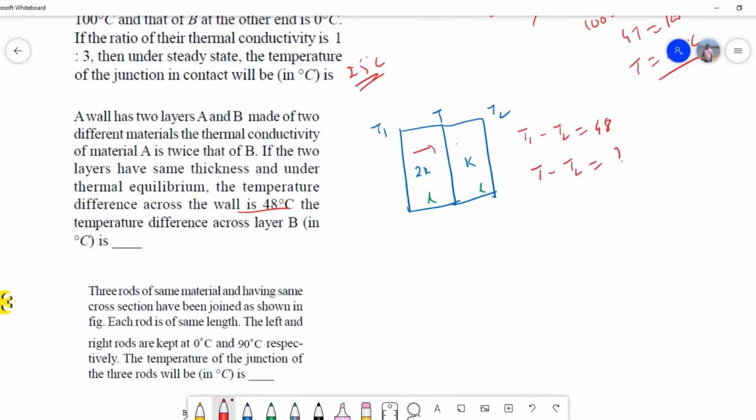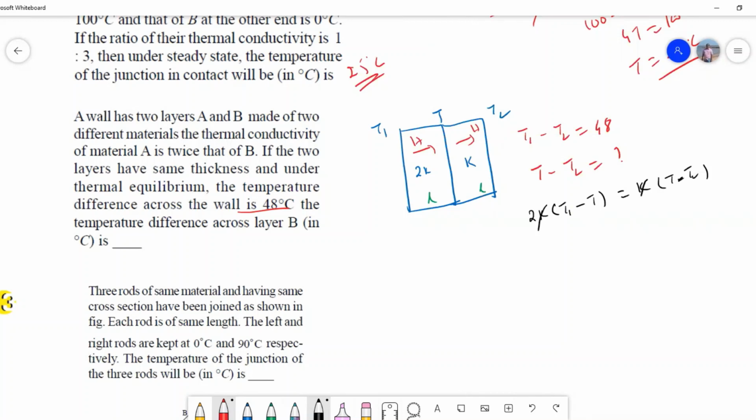So again, let's equate the heat currents. When I equate the heat current, 2K into A by L, anyway cancels, I'm not writing it. So T1 minus T is equal to K into T minus T2. Because K by L, A by L cancel on both sides, K cancels, and we want to find out T minus T2.